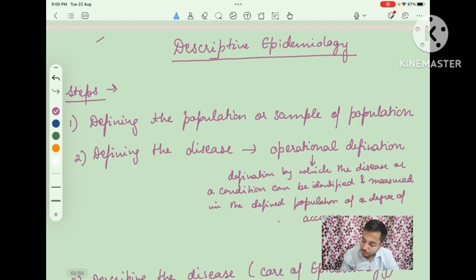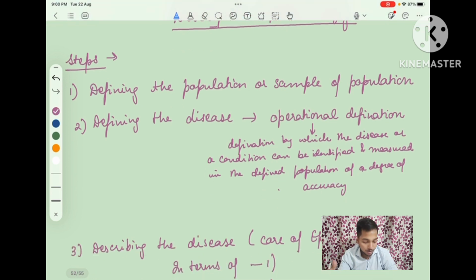So this is a definition by which we can identify that particular disease within the community.